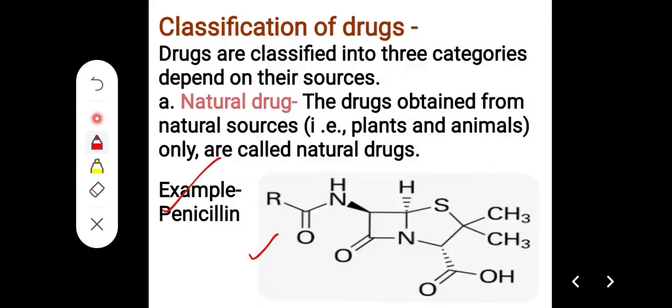First, classification of drugs. Drugs are classified into three categories on the basis of source: natural drug, synthetic drug, and semi-synthetic drug. By the name terminology, we can work out the definition. This is another method to predict the definition of the term.